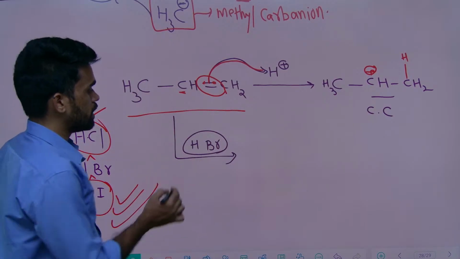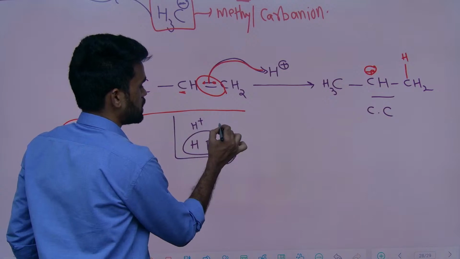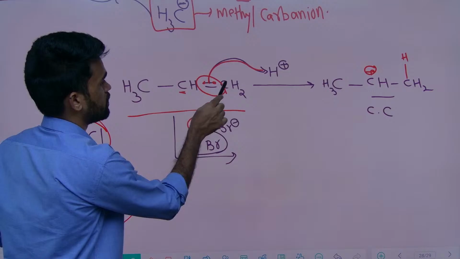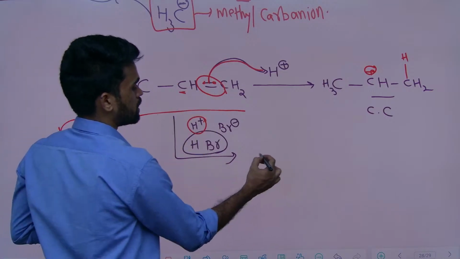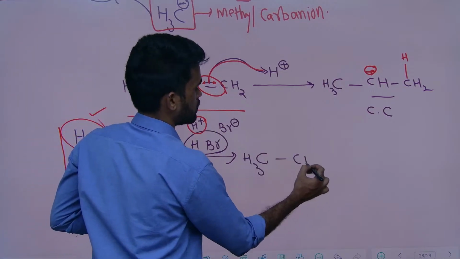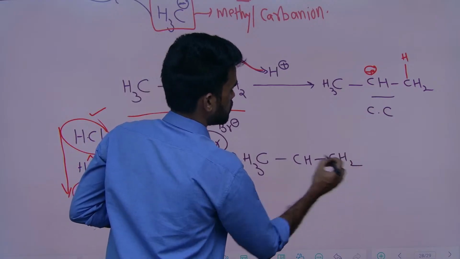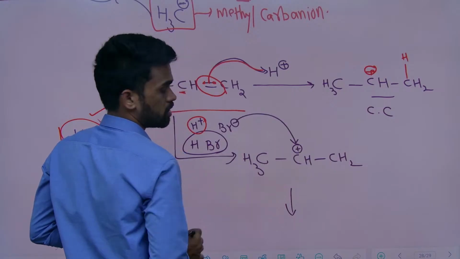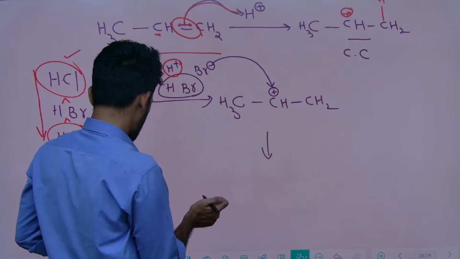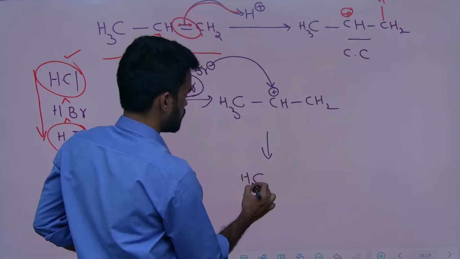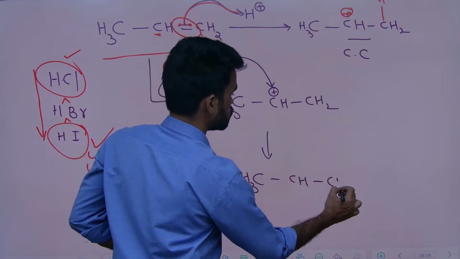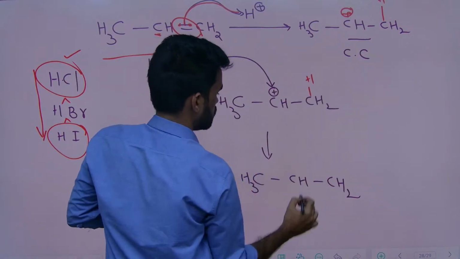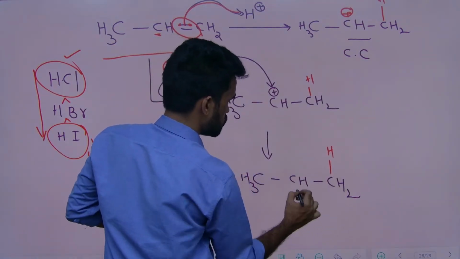Now it releases an H plus ion and stays as a Br minus ion. First, this H plus ion is given to this, so that we get a carbocation, with the positive charge that we have written. Next, this negative charge is added on the positively charged carbon. So there you get CH3, CH, CH2, and now one more you have added here, so Br comes here.